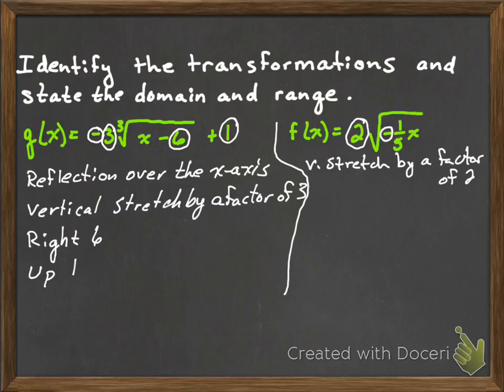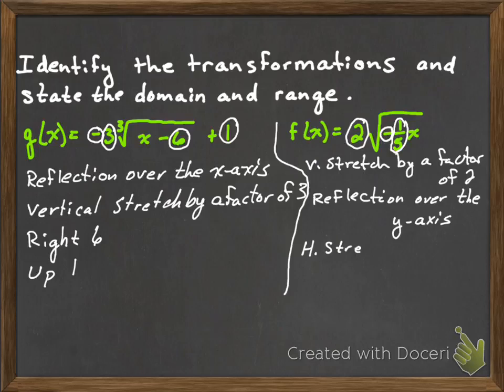Now this is your b value, and the negative on the b value tells you it is a reflection over the y-axis. And then the 1/5 is also part of the b value. That's between 0 and 1, which makes it a horizontal stretch by a factor of 5.